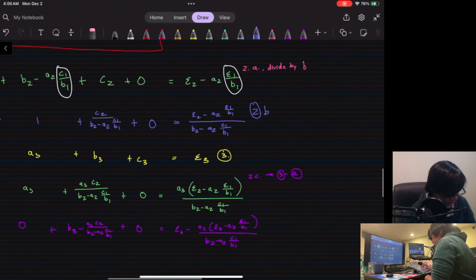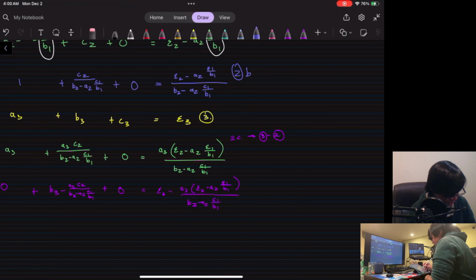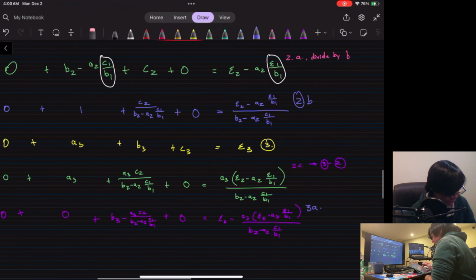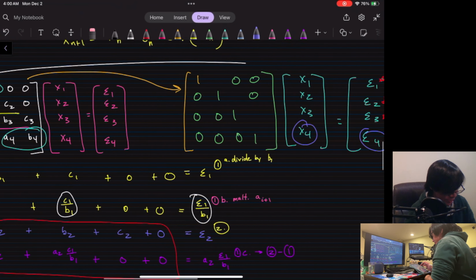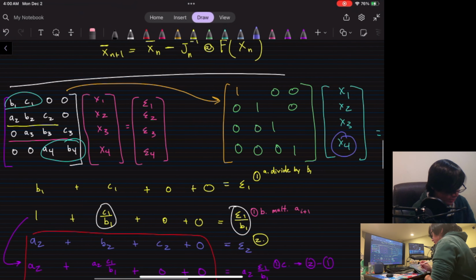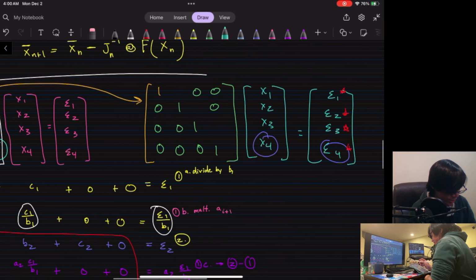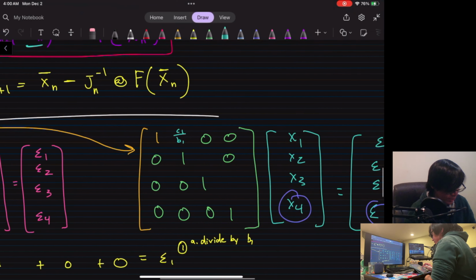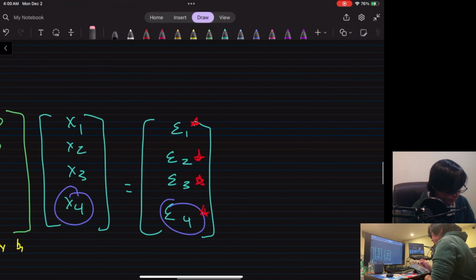Now we just called it 3A, yeah. And we multiply by A2 in front of all of that. So notice that to achieve these values of 1, we divide C1 over B1 for this first row, so that's just C1 over B1. And then epsilon was that modified value, epsilon 1 over B1.